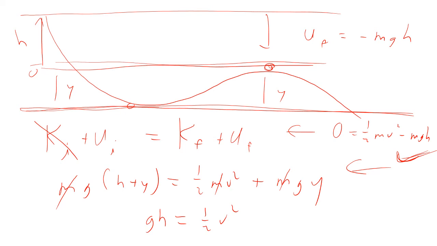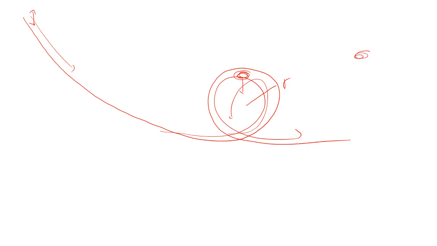Well, one more example. Suppose that we had a loop-de-loop right here, and some radius of curvature right here. And again, I want to know how high does this have to be so that it does not fall off the loop-de-loop. I want it to go all the way around. So in this case, same thing at the top up here, we've got a free body diagram, we got mg pulling down, but we also got the normal pushing down.